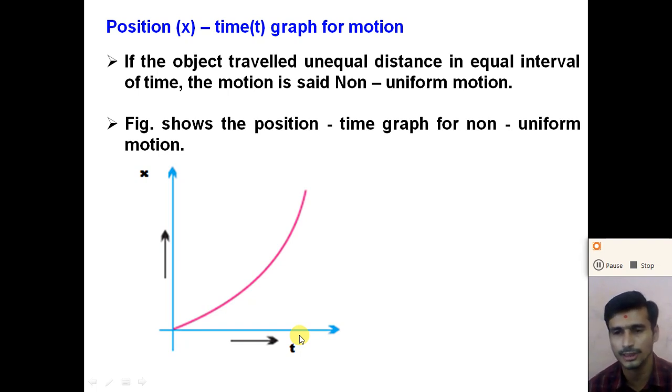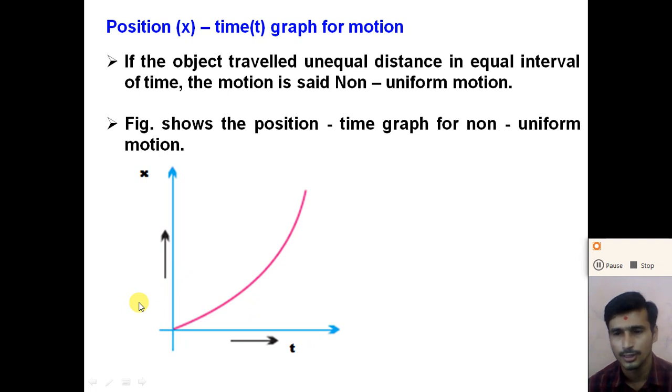When the position-time graph is linear, we can say that the object covers equal distance in equal interval of time, and the motion of the object is a uniform motion. And when the position-time graph is non-linear, the object travels unequal distance in an equal interval of time and the motion is said to be a non-uniform motion.